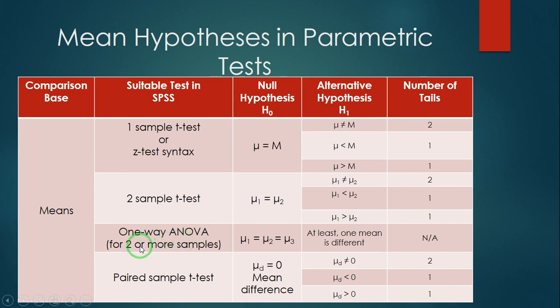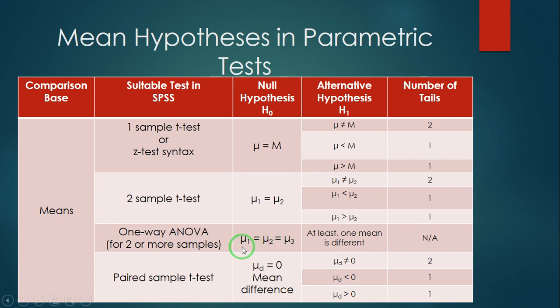If you have two or more samples and you're going to compare the means, you can use one-way ANOVA, and you test the equality of means of all samples that you have. It could be, for example, two sets of samples, 3, 4, or more. Here I have focused on 3 sample sizes.